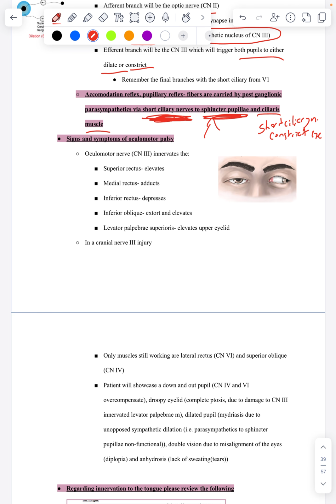So the sphincter pupillae. But for the dilator, you would use both short and long. So think about your pupil is bigger, so you would need more things. So this uses both short and long. I believe this is also mentioned again in a different section. So smaller is just short. For dilator, it's both short and you get the long as well.